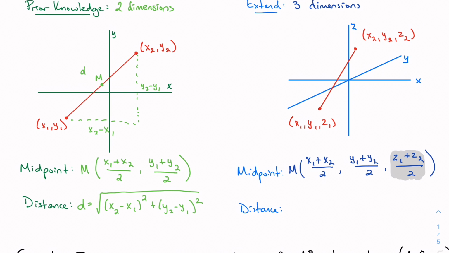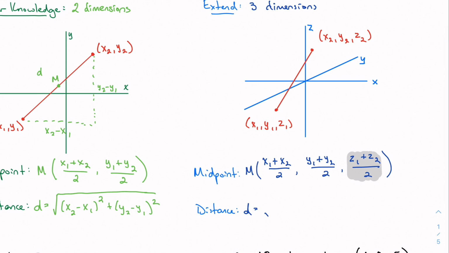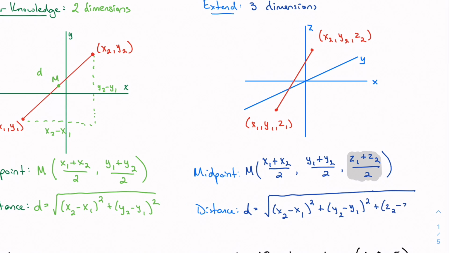Likewise with our distance formula, I'm not going to draw it out this time, but you can imagine it just gets lengthened by 1 term. I still have (x2 minus x1) squared plus (y2 minus y1) squared, and then my new piece, (z2 minus z1) squared. So here are my new versions of the midpoint and distance formula in 3 dimensions.